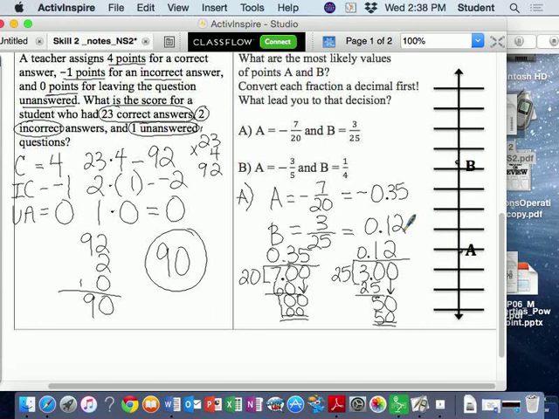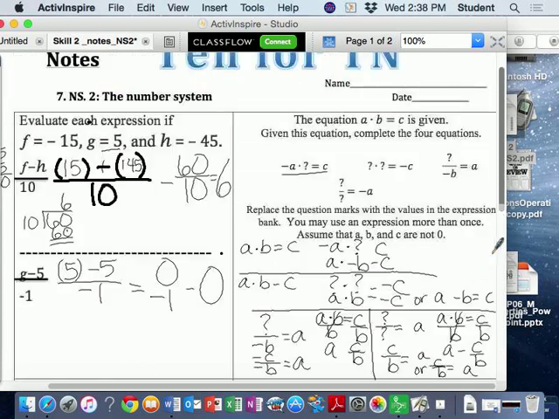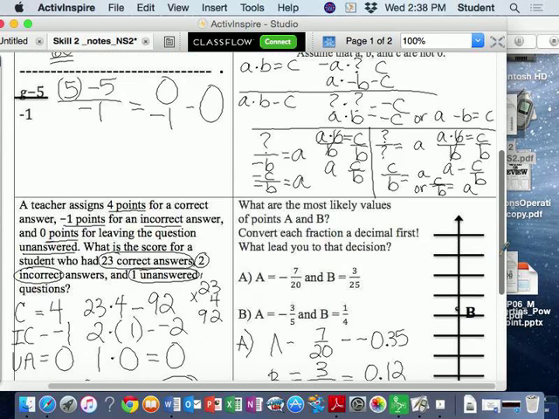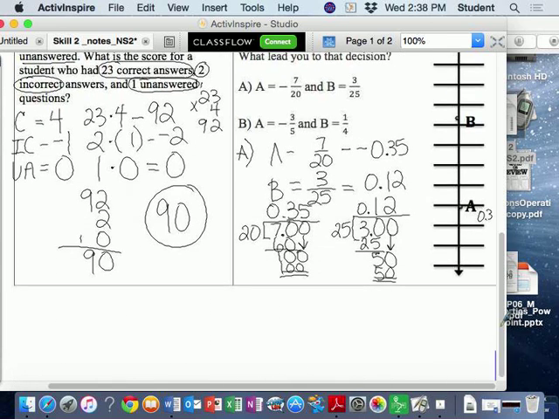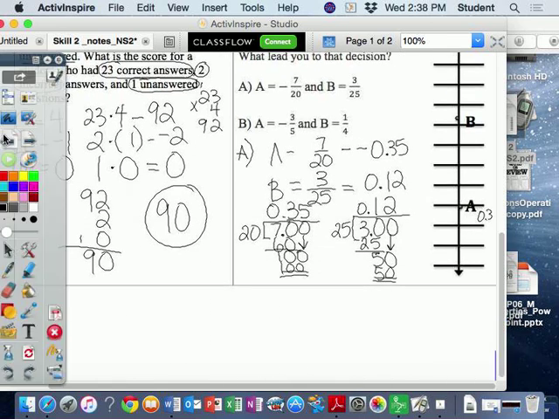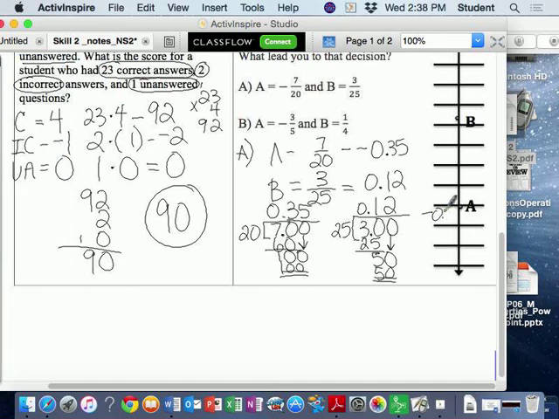So, as we look over on our number line, we know that A would be negative 0.35, and B would be 0.12.